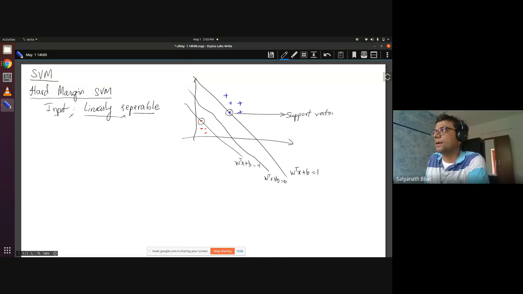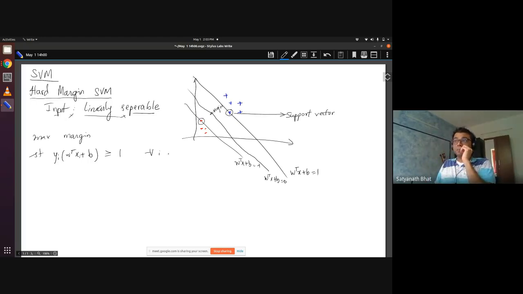The width between these lines is called the margin, and you would like to maximize the margin subject to yi times (W transpose xi plus B) greater than or equal to 1 for all your training data points, i belongs to the training set D.